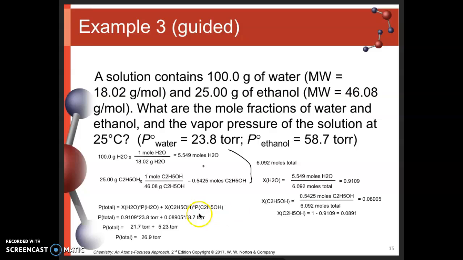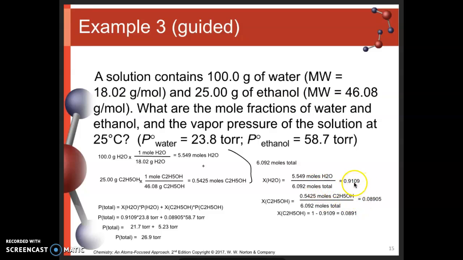So what we'll find is that when we have multiple volatile components, the vapor pressure of the solution is going to be somewhere in between the two values. It's going to be between the high and the low. How much, and which way it's influenced, depends upon those mole fractions.